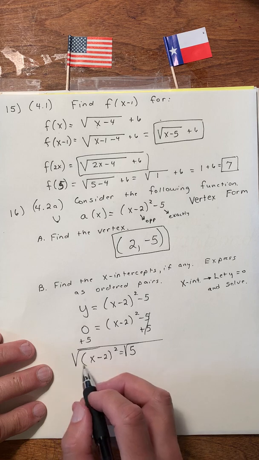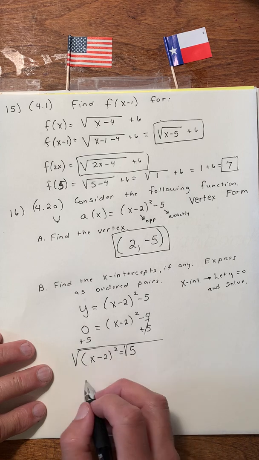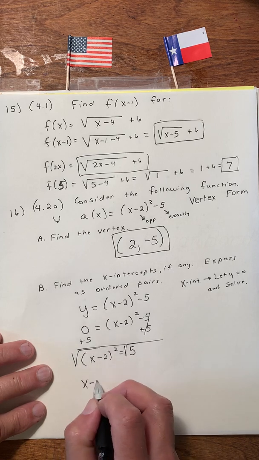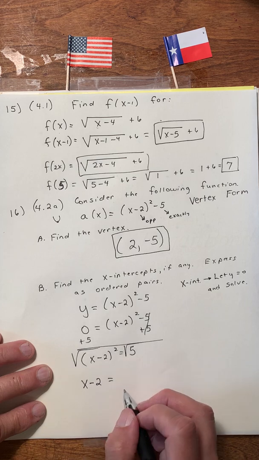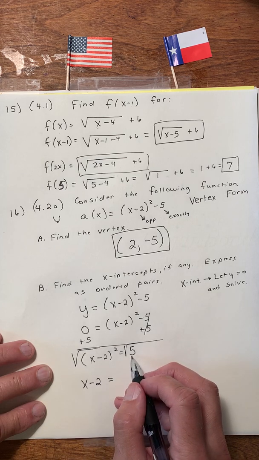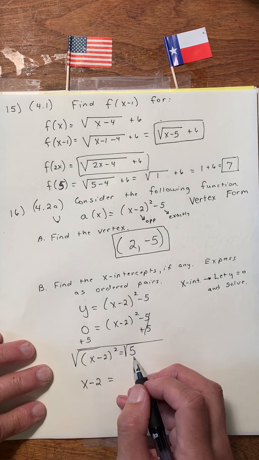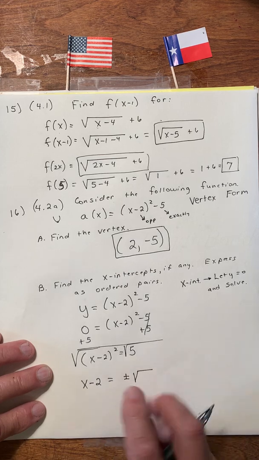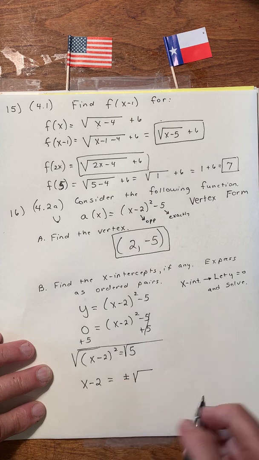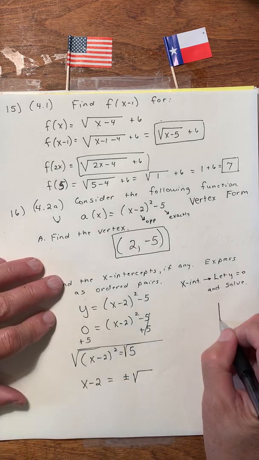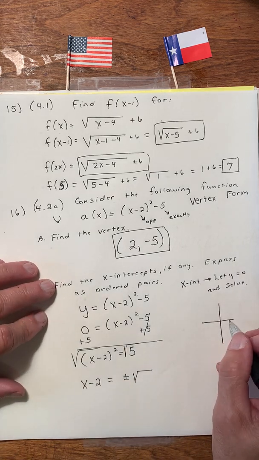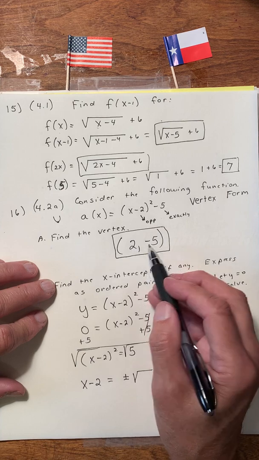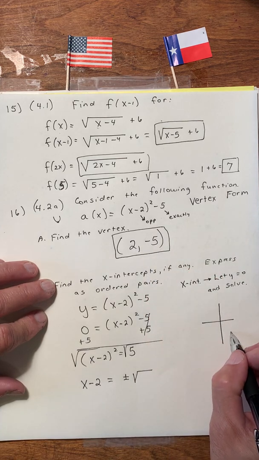So the square root of x minus 2 squared is just x minus 2, equals the square root of 5 is just square root of 5, except I need to give myself the option of plus or minus. Let's see, the vertex of this guy is 2, negative 5.